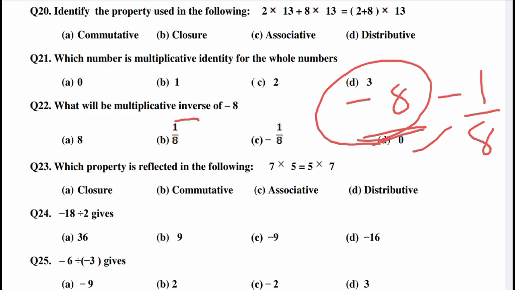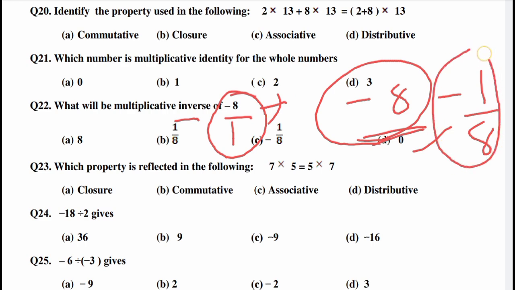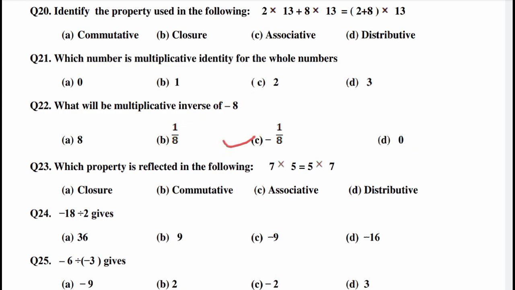We will keep it as it is, and we will simply invert the number. Here, if nothing is given, you can consider the denominator as 1, and now if you take the reciprocal of it, it will be minus 1 upon 8. So the answer is C, minus 1 upon 8.